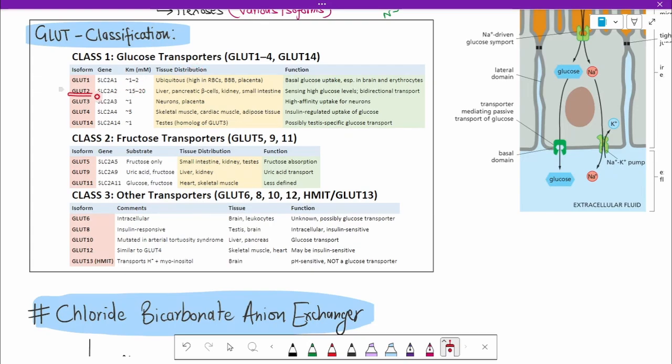For example, we have GLUT2 transporters, which are present in liver cells, pancreatic cells, GIT cells, and so on. GLUT2 transporters show bidirectional transport. They can transport glucose molecules inside the cell and outside the cell. In the pancreas, these cells sense the level of glucose.